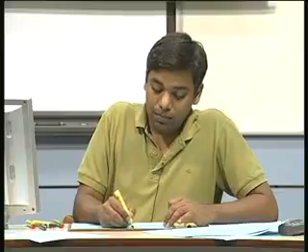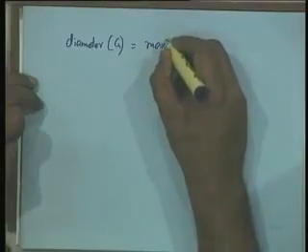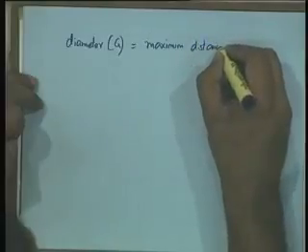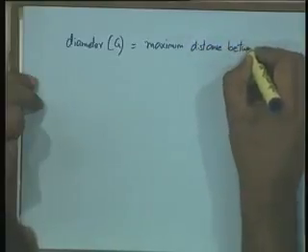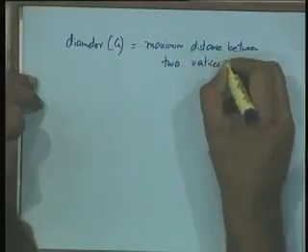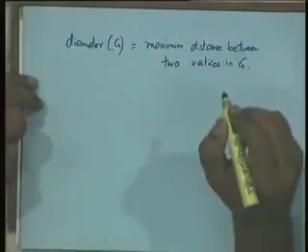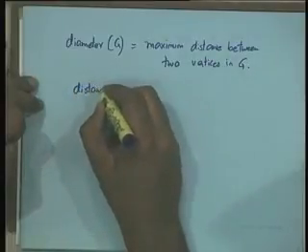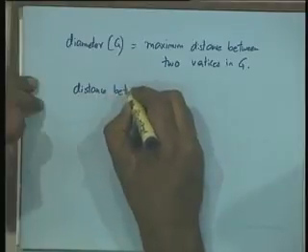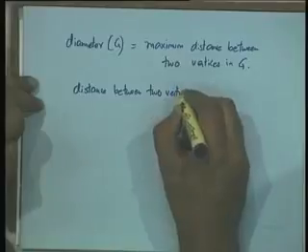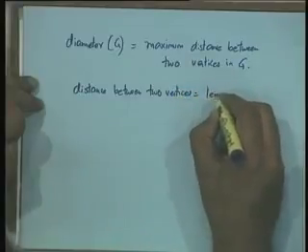Let us just say: the diameter is the maximum distance between two vertices in G. What does distance between two vertices mean? Distance between two vertices equals the length of the shortest path.